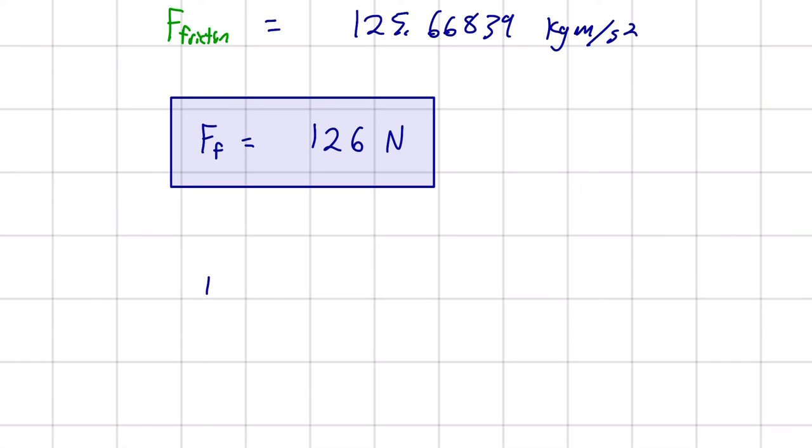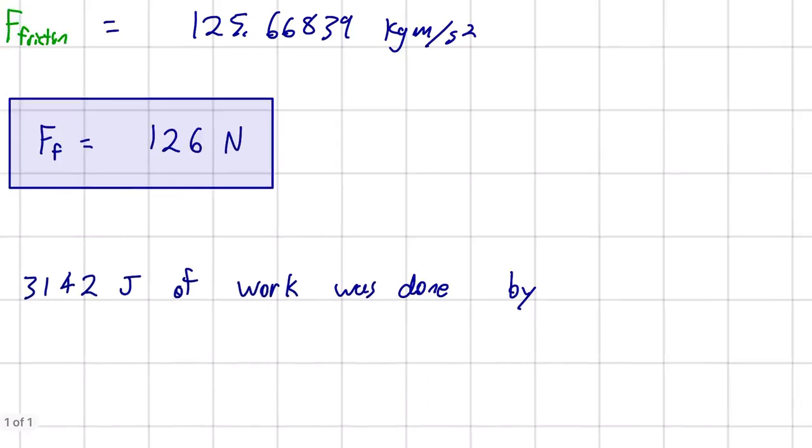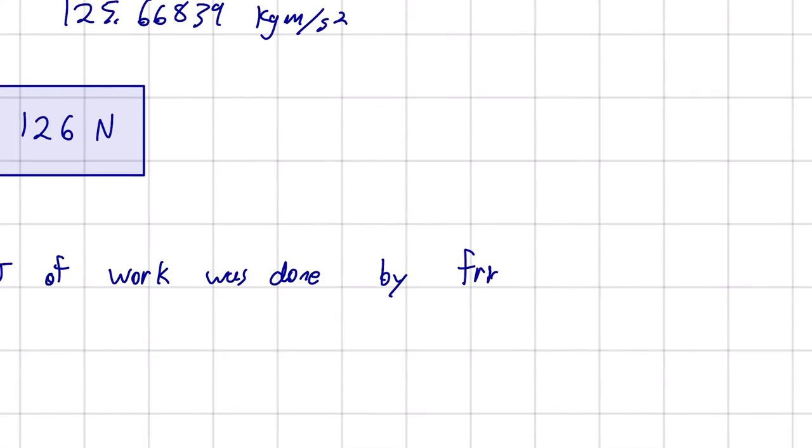So we know that 3,142 joules of work was done by friction over 25 meters.